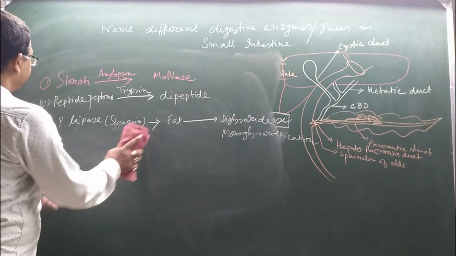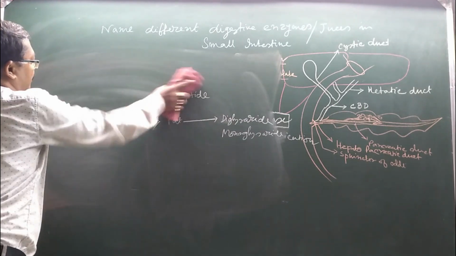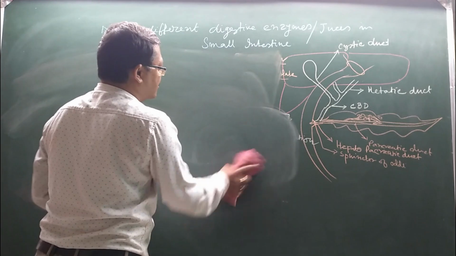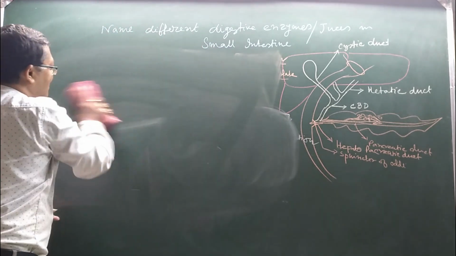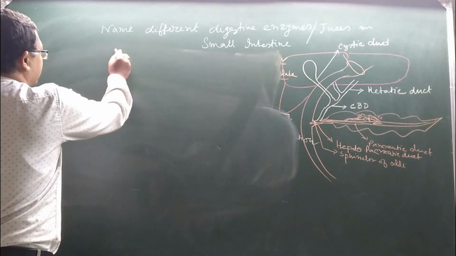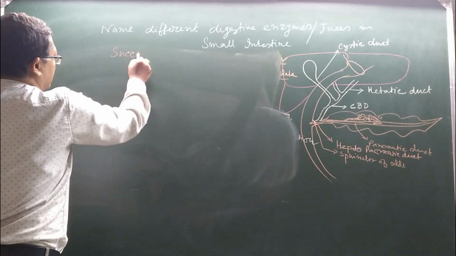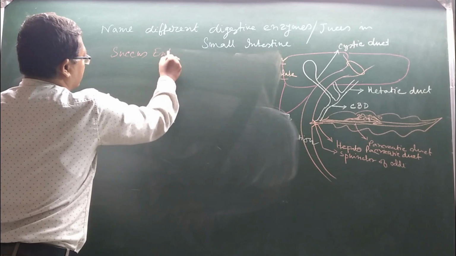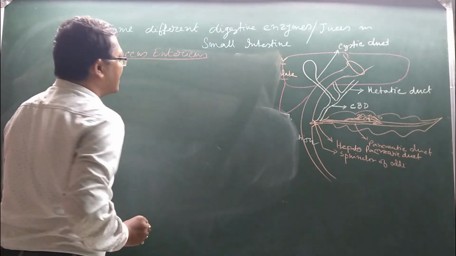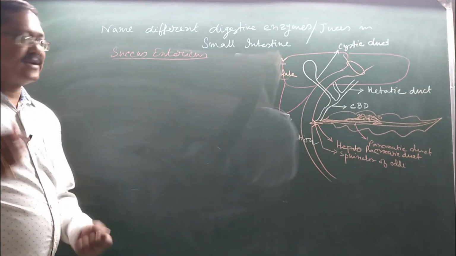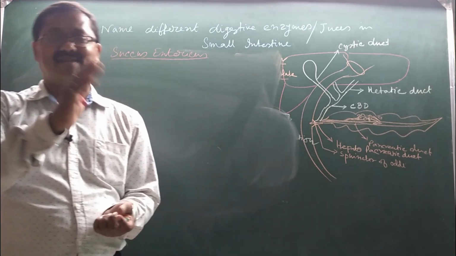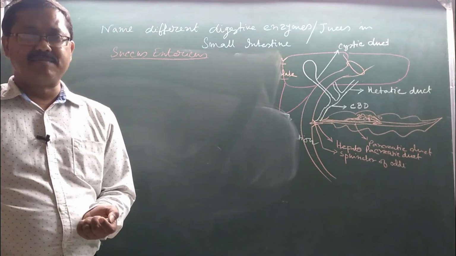Third is the enteric juice. These juices are called succus entericus. Succus entericus contains all types of enzymes, and these are the last, final step enzymes.